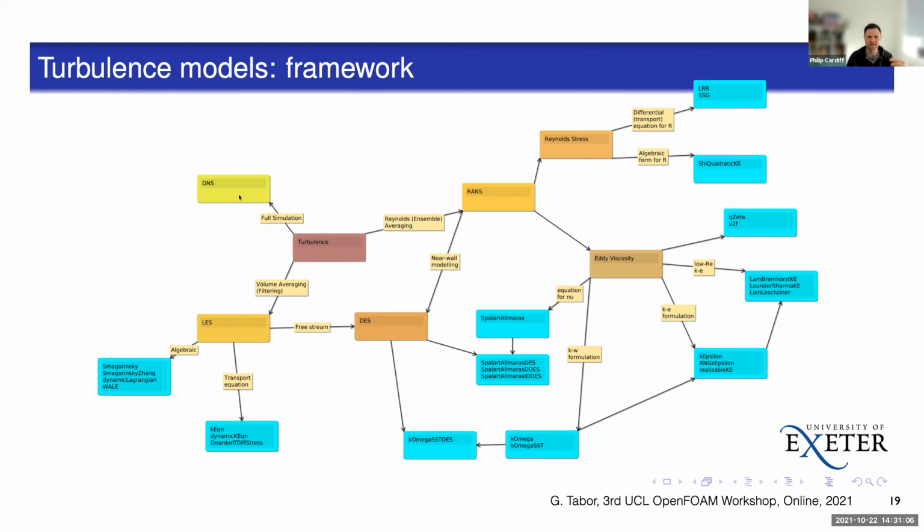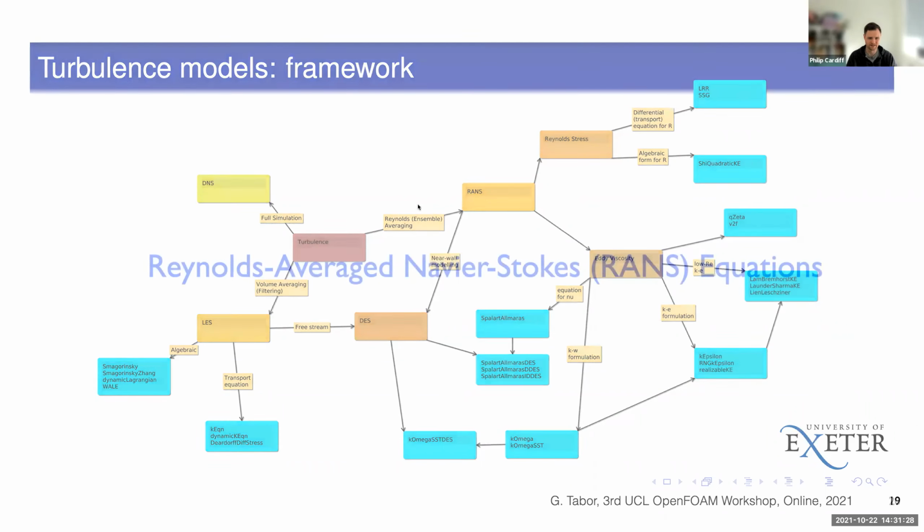DNS is just DNS. For RANS, we're going to talk about some so-called eddy viscosity approaches, but there's also an alternative approach called Reynolds stress approaches. And then there are all these turbulence models that you may have seen names of or heard about, like K epsilon and K omega SST. But then there's LES, and there's a variety of LES turbulence models as well. So this shows how they're all connected, and it's useful to get a feeling for that.